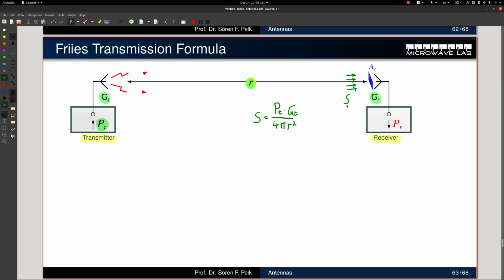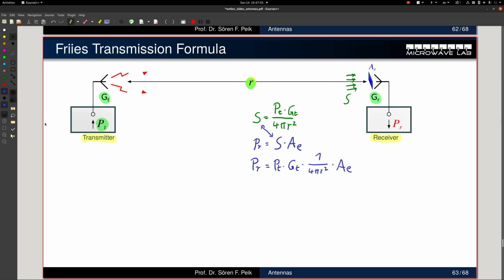That's my S. Also we know that my P receive is my S times my effective area. So I can replace that: P received is P transmitted times G transmitted times 1 over 4 pi r squared times AE.